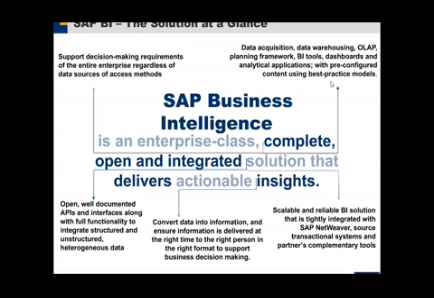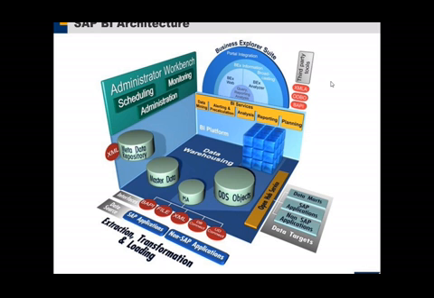And it is complete in the sense of end to end. You can get end-to-end insights, right from extraction through transformation, loading and reporting. The data lineage can be traced. That's what complete means: I can track the data lineage of these systems.